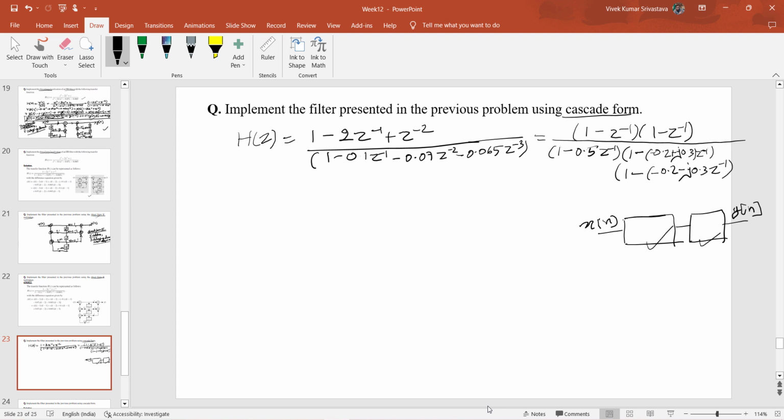So we can see that the numerator has real zeros, whereas the denominator has real as well as imaginary poles.